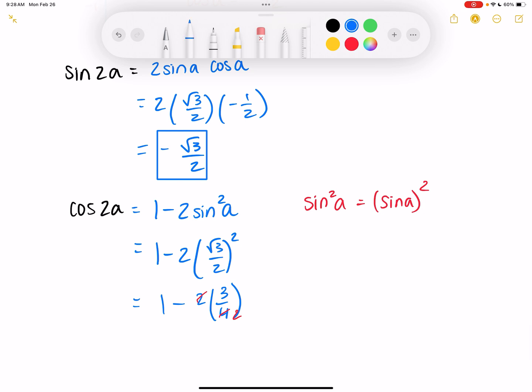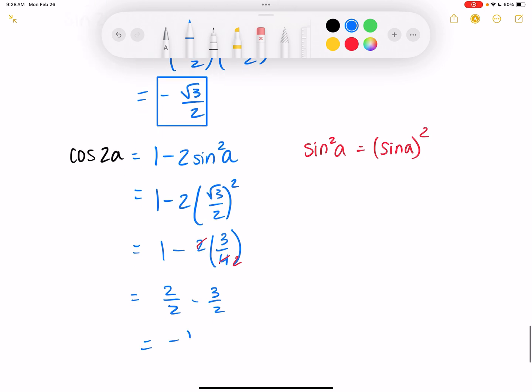So then I've got the 1, I'm going to rewrite as 2 over 2 minus 3 over 2, which is negative 1/2. And again, you don't necessarily have to show all of that if you can do that part in your head, but just so you can see it, I write it out.